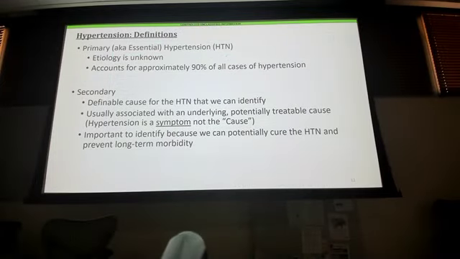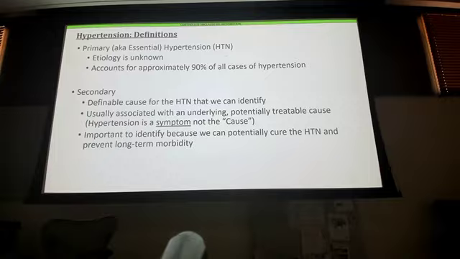Some definitions that you need to be familiar with. So essential, also known as primary hypertension, we don't know why this person has it. There's theories out there, but we don't have a specific identifiable condition that's causing their blood pressure to be elevated. And in the vast majority of your patients, this is what you're going to see.